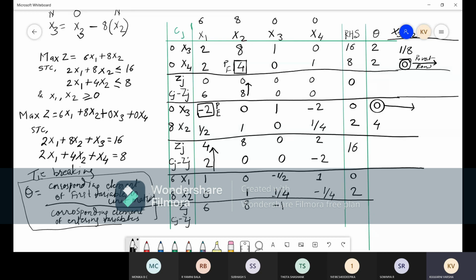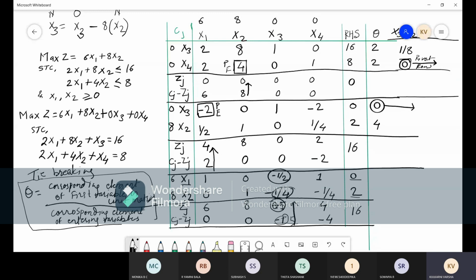So 6 minus 2, it will be 4. And this will be 6 into 0 plus 8 into 2. It will be 16. So 16 is written. Now here 6 minus 6, 0. 8 minus 8, 0. 0 minus minus 1, 1. 0 minus 4, minus 4. And this is done. Go to the last iteration.